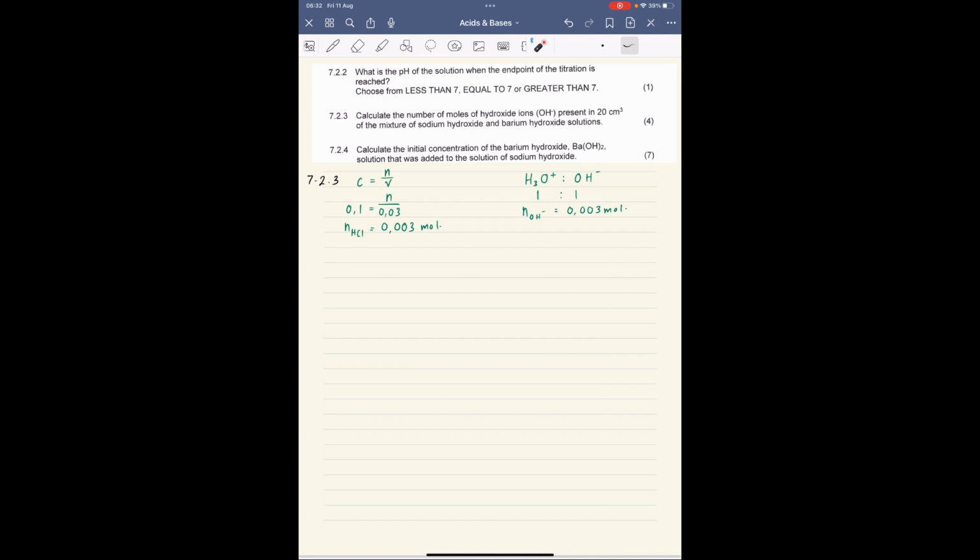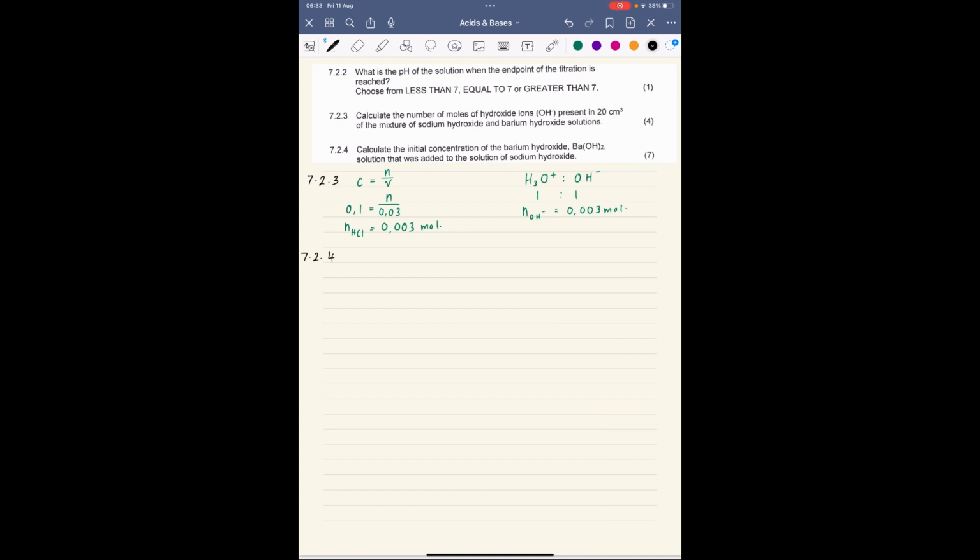So we've solved the first question. We have found the moles of HCl and used the mole ratio of H3O to OH to find the moles of OH. We calculated the number of moles of hydroxide ions present in that 20 centimeter cube of the mixture. So we've done that. Now, let's move on to the next question.